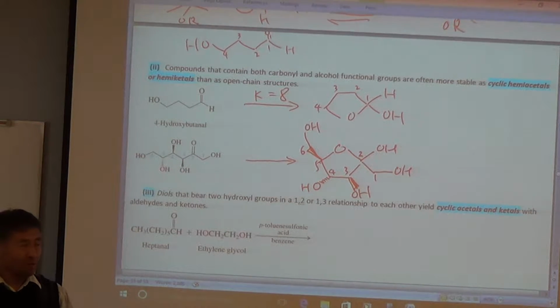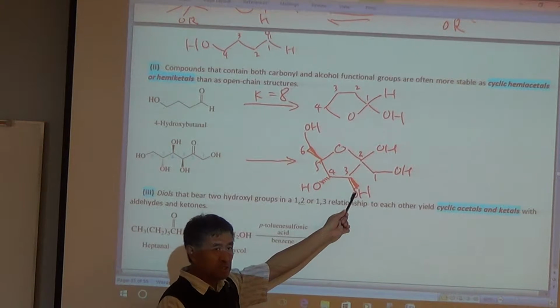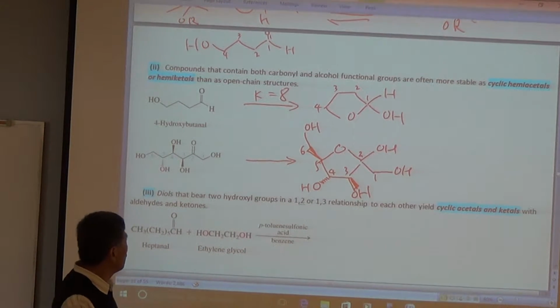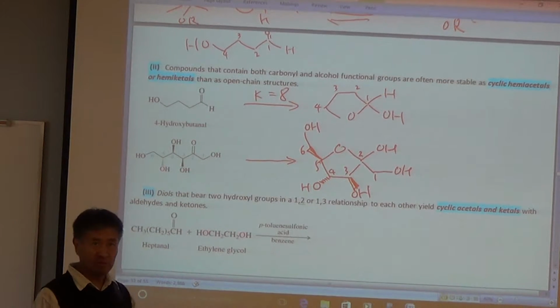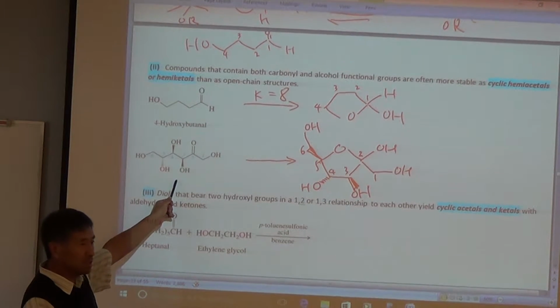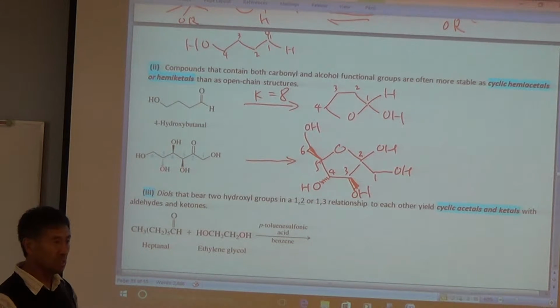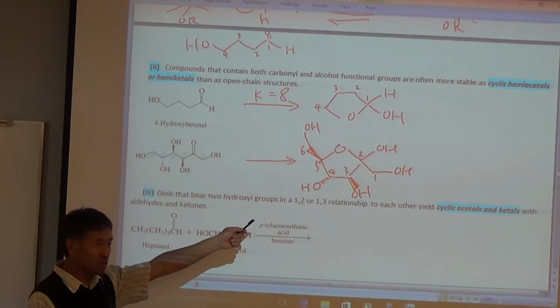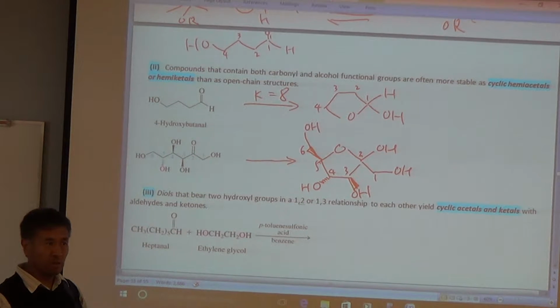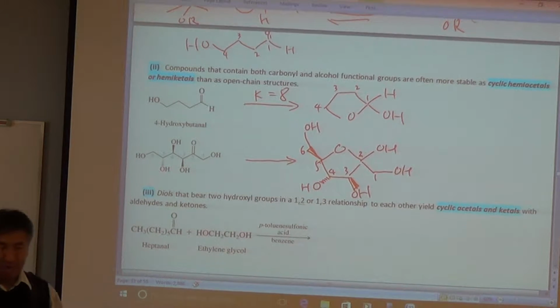In this chapter, we are not going to study how we produce this kind of stereochemistry. But in chapter 23, we will see how to change these structures into the so-called Fischer projection, and this kind of structure we call the Haworth structure. Once you have the Fischer projection, it will be very easy to convert from the Fischer into that. So we'll study that in chapter 23.